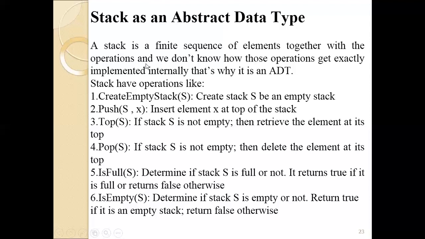In stack, we can save elements and perform operations like checking whether the stack is empty, push some element, find the top element, perform pop, and check whether the stack is full or empty. The programmer or the user of a stack does not care how these standard operations get carried out. That's why we consider stack an example of ADT.